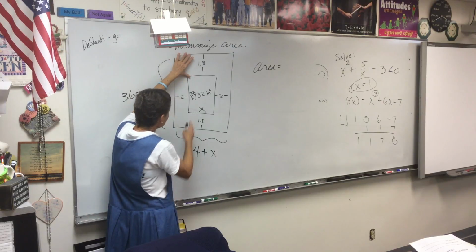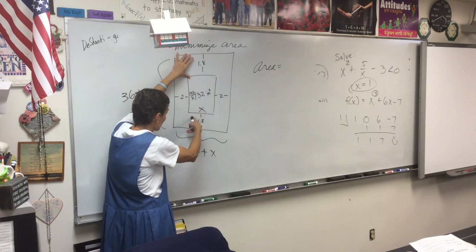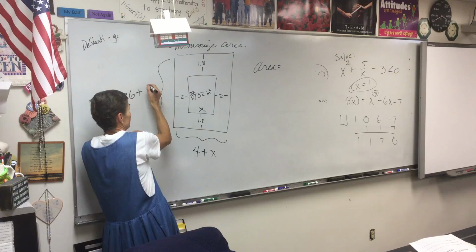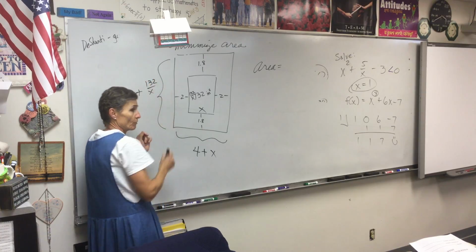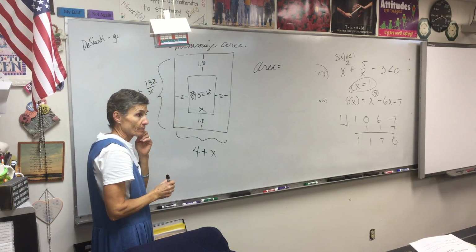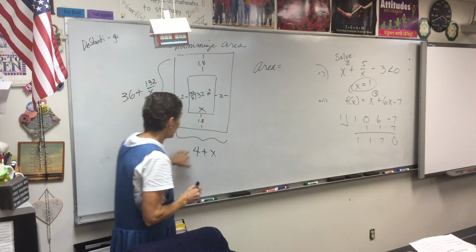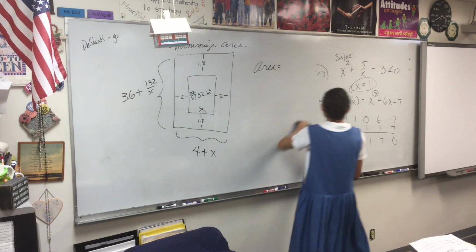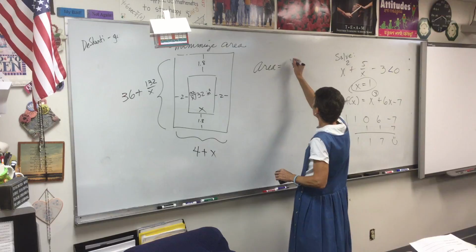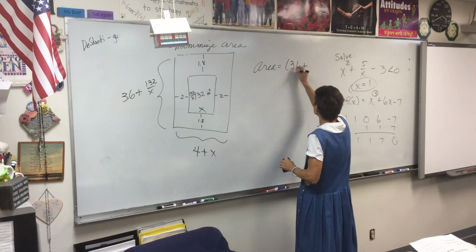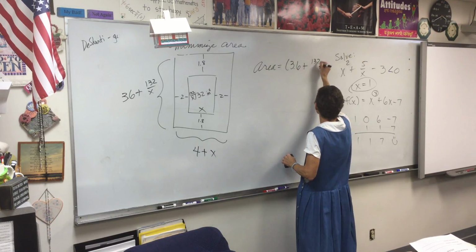So I've got a 1.8, a 132 over x, and a 1.8, so 3.6 plus 132 over x. Now, those are my dimensions. So my area will be those two things times each other.